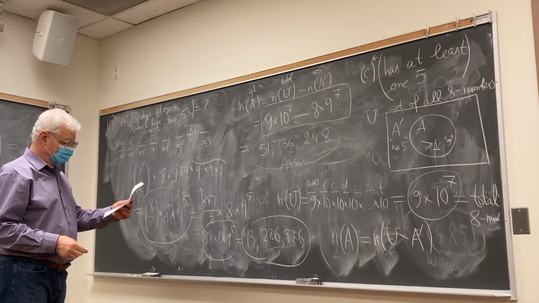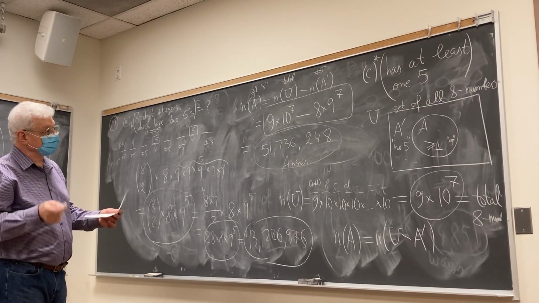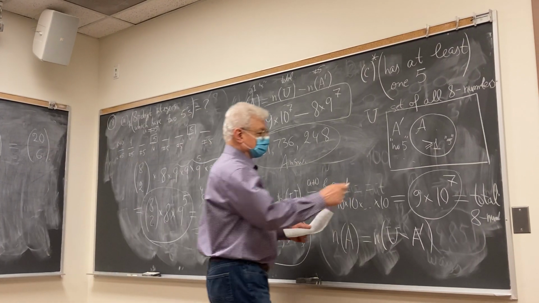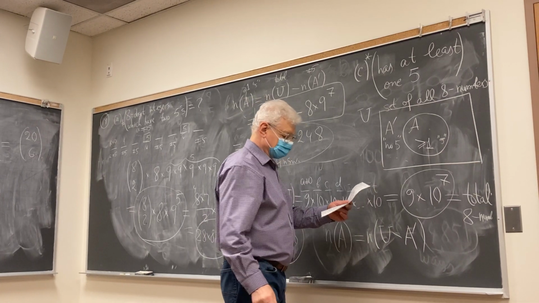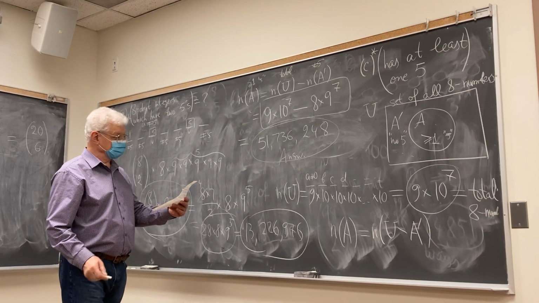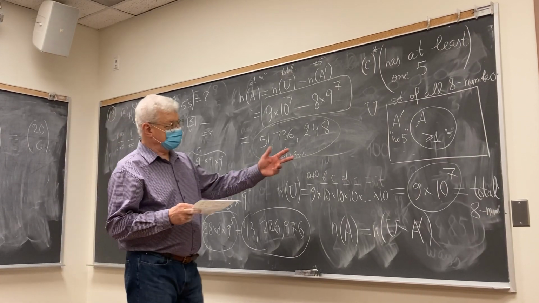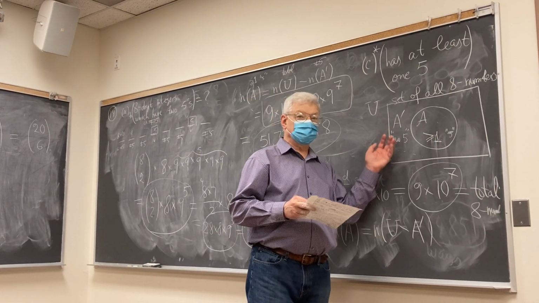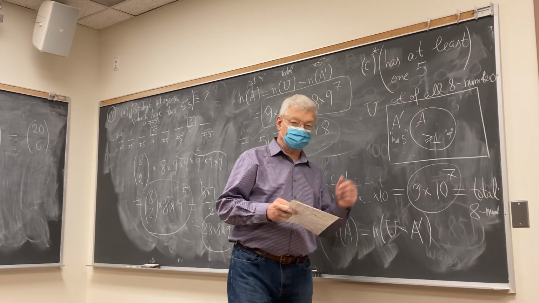And the number of those which do not have 5 at all is 38,263,000 and so on. So the numbers which have 5 are more than the numbers that do not have 5.